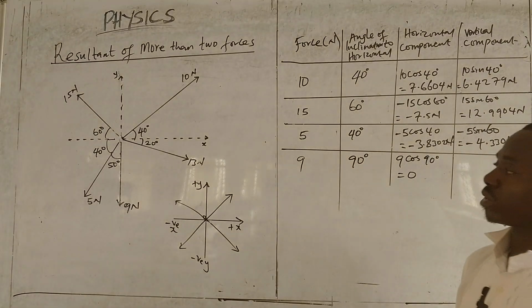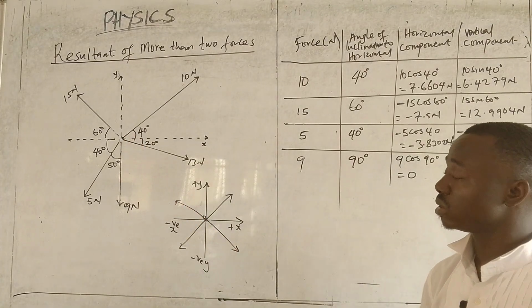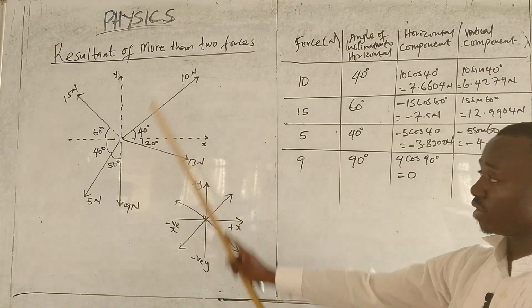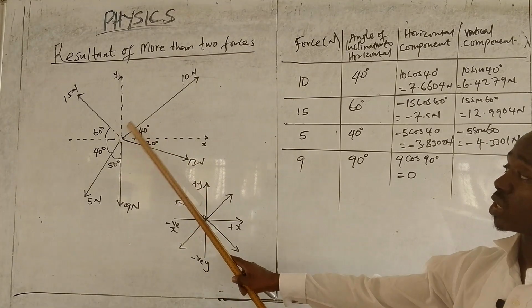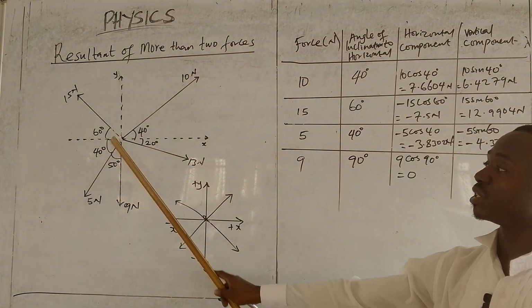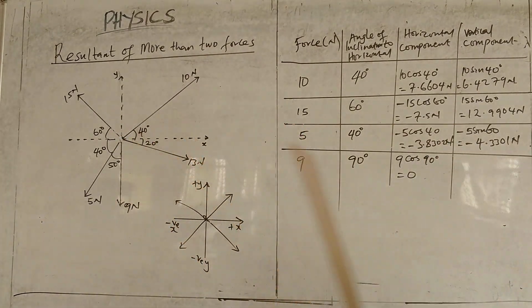Cos 90 is 0. So it means this force doesn't have any horizontal component. And I believe you can relate with that. Since it's moving directly vertically downward, it's not going to have any horizontal component. It will not have any effect in the horizontal direction, either to the right or to the left. No effect horizontally.